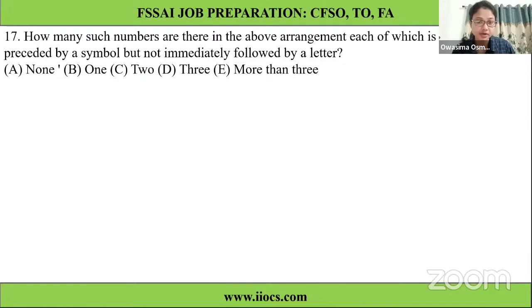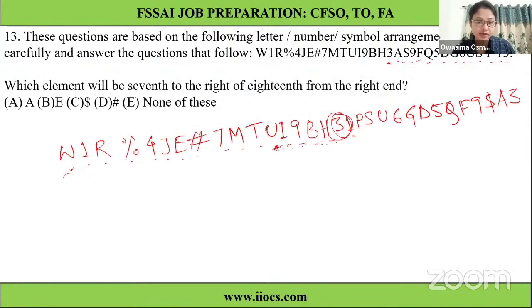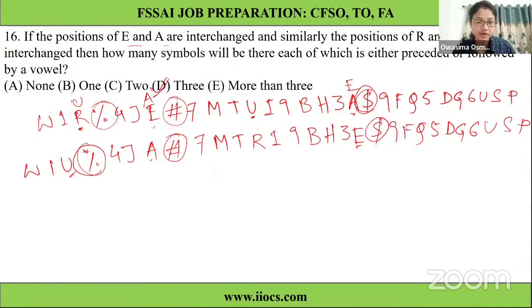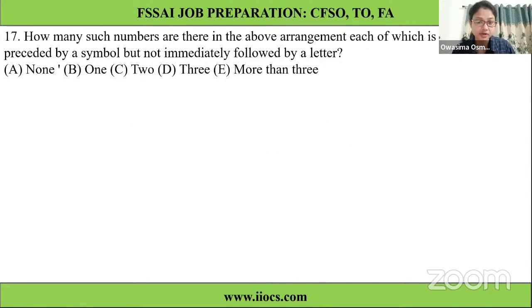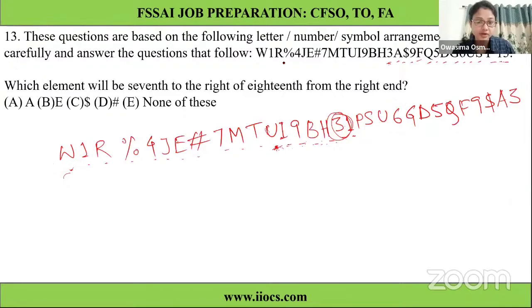How many such numbers are there in the whole series? That is 1, 4, 7, 9, 3, 9, 5, 6.